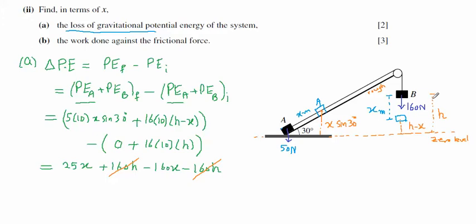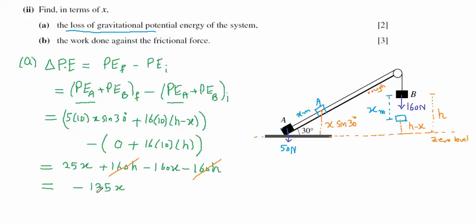So the unknown h, which was not known, is cancelled out. We got that the change in the potential energy is 25x minus 160x, which is negative 135x.